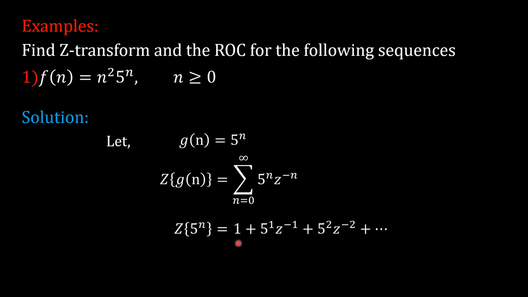So the first term corresponds to n equal to 0. Second term corresponds to n equal to 1. Third term corresponds to n equal to 2 and so on. We will rewrite the terms, that will give us 1 plus 5 upon z plus 5 square upon z square plus so on, which is in geometric progression with common ratio 5 upon z and first term as 1.